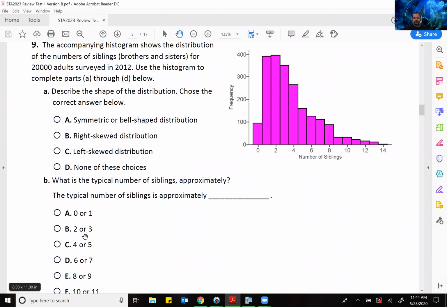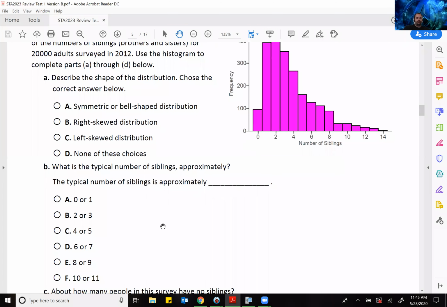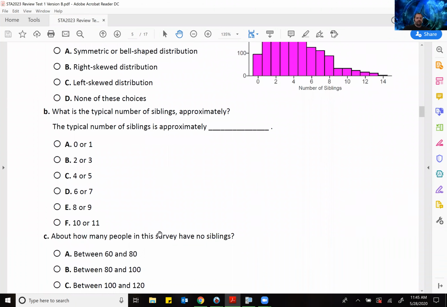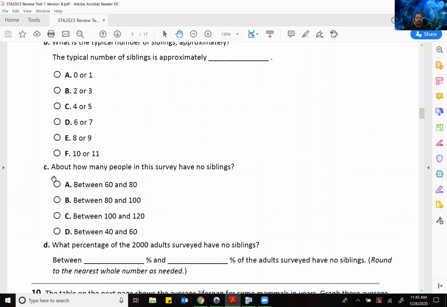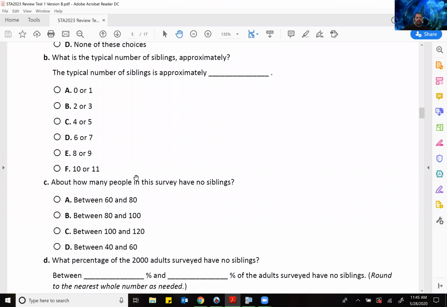Does that make sense? Yes. Because 2 to 3 out of all of these are the highest bars. Again, though, I would have said 1 to 2. But that's just me. All right, so it says about how many people in the survey have no siblings?